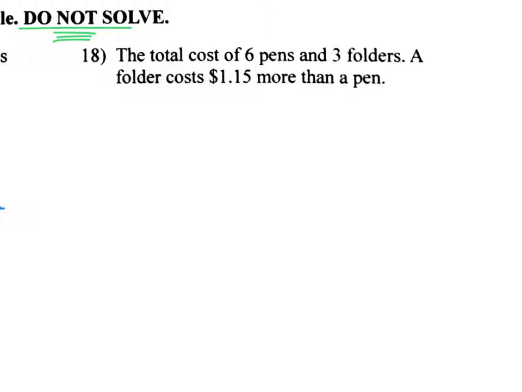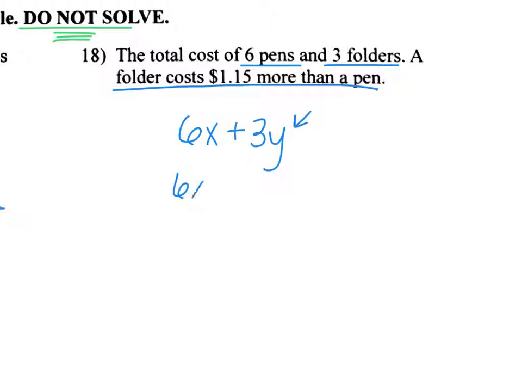Okay, again, this question is asking for an expression, so I'm not going to put any equal sign. It says the total cost of 6 pens and 3 folders. You could maybe do 6x plus 3y. But we want to have the same variable, and it tells me a folder costs $1.15 more than a pen. So instead of using a different variable for folder, I'm going to say 6x plus 3 times.